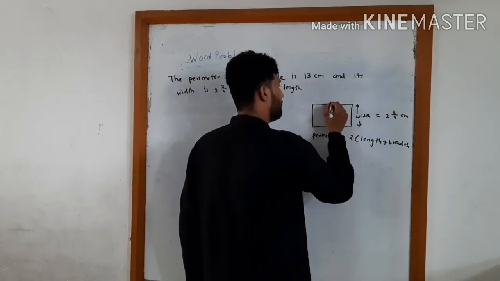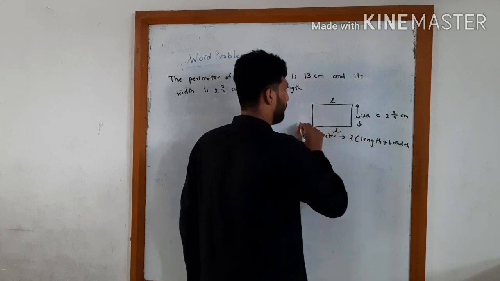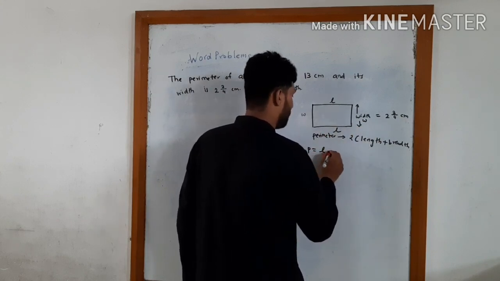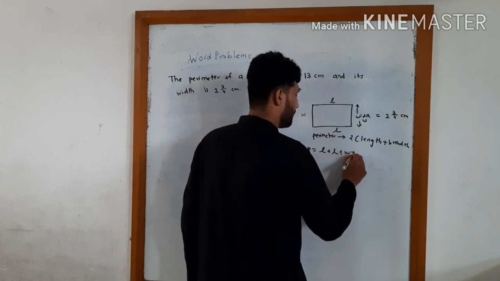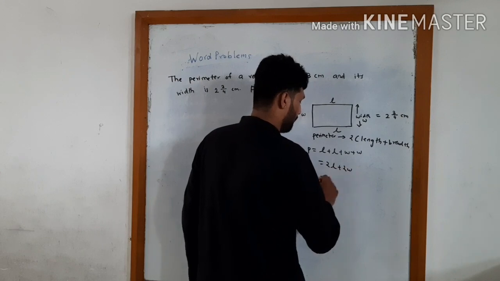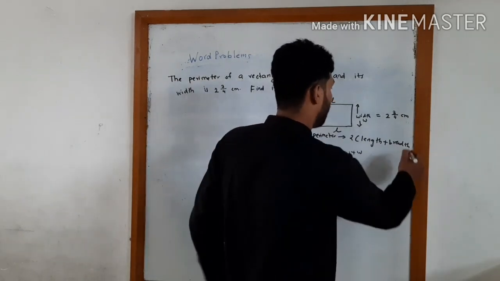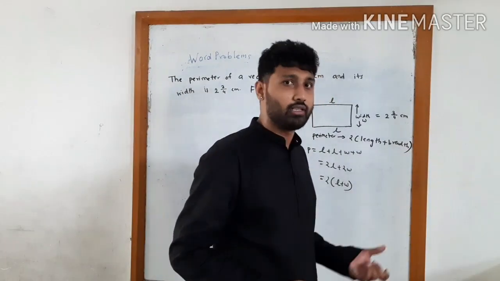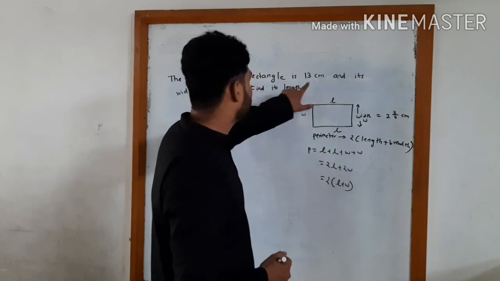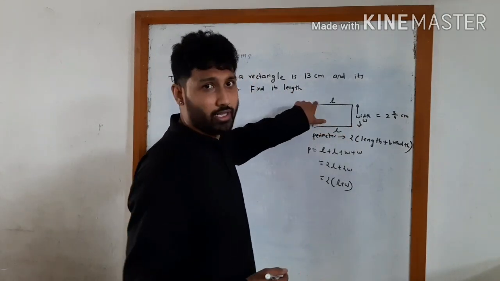This is the length L, this is the length L, width is W. So perimeter is L plus W plus L plus W, which is 2L plus 2W, which is 2 multiplied by L plus W. So this is the formula which we know. Breadth and width are the same things. So now we know this much, and the perimeter is given as 13. So you have to find out the length, right?